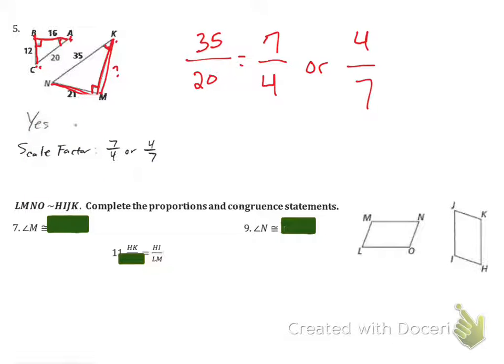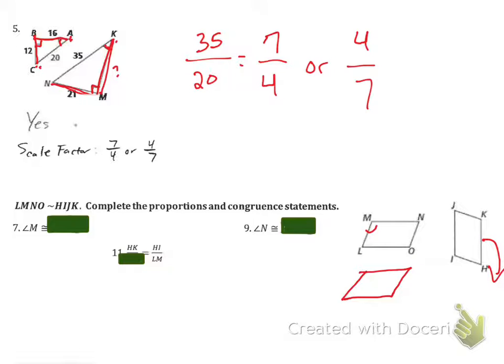All right, complete the proportions and congruence statements. Angle M, right here, should be equal. How is this going to line up? How would we rotate this in order to make it look like what I just drew?